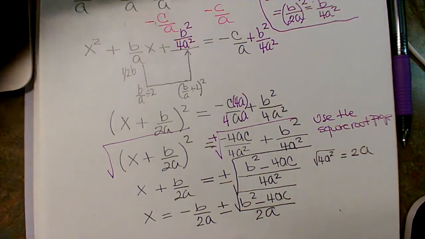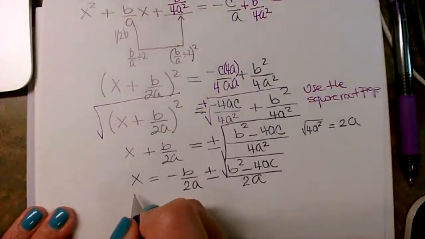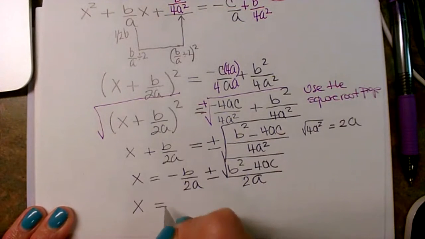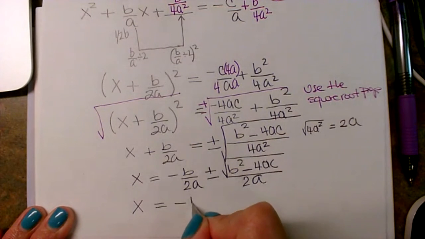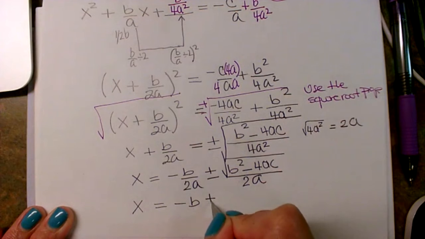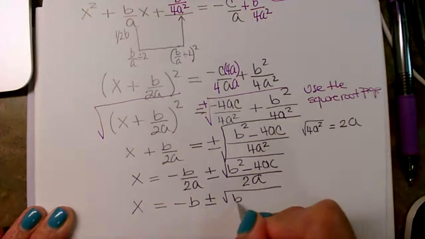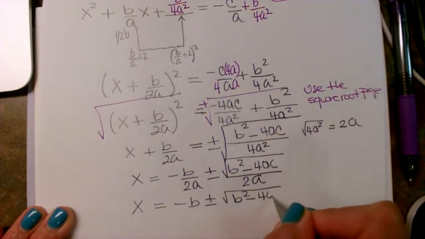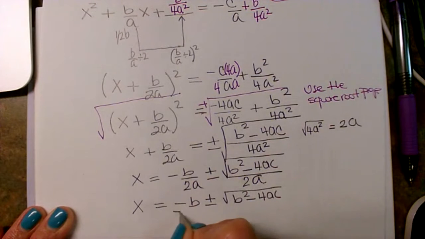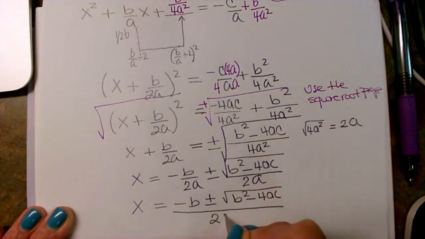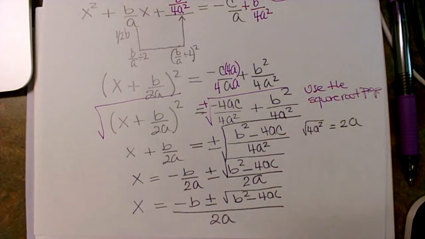So now, x is equal to minus b plus and minus the square root of b squared minus 4ac. They have the same denominator, divided by 2a. And that's the quadratic formula.